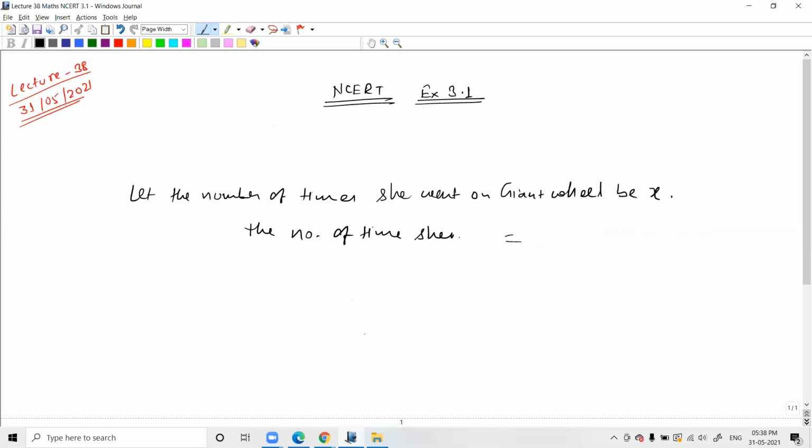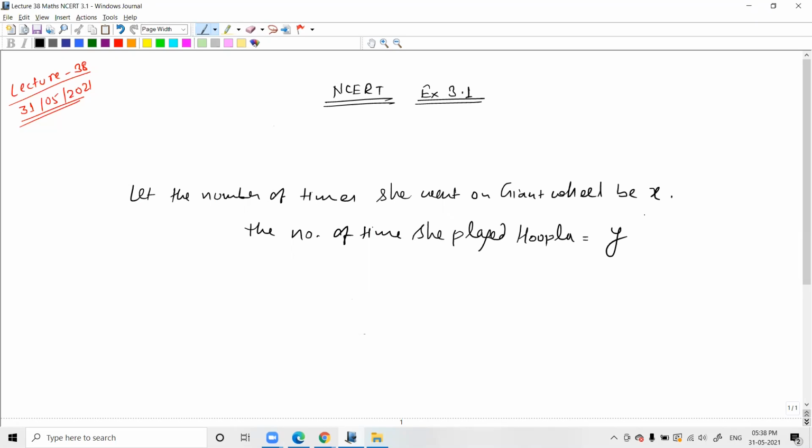Now, what is the number of times she played hoopla then? Y. Since this is a pair of linear equations in two different variables, I have a luxury. I can call one of the variables X and the other one Y. I don't have to go into calculations right now.